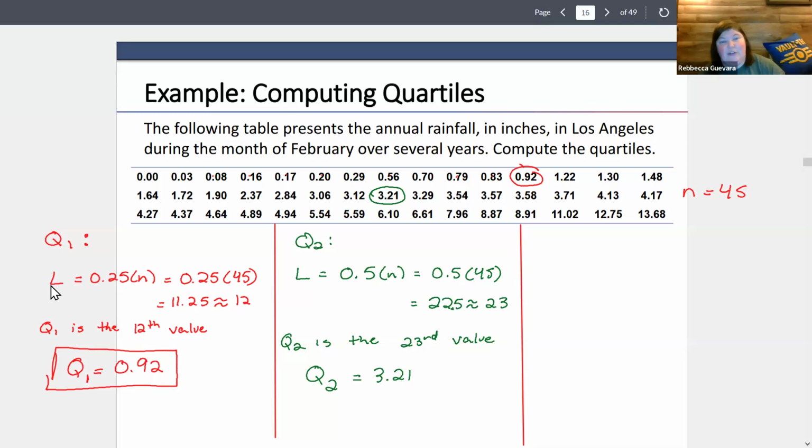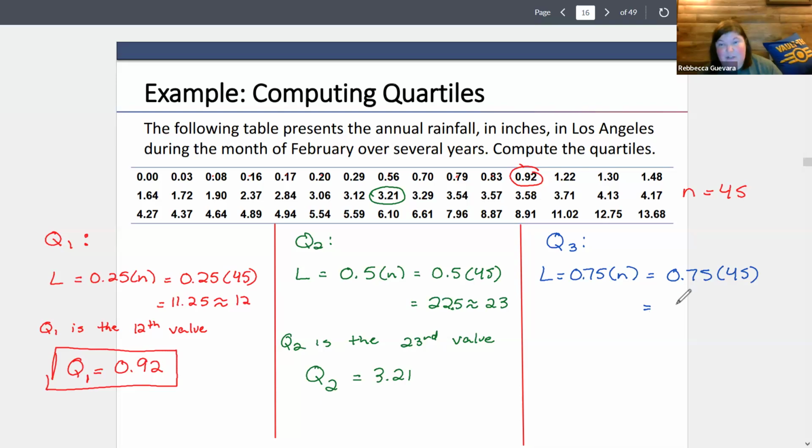Okay, so my very last one is my Q3. That is going to be the data point that splits my data between the 75% that's lower and the 25% that's upper. So it's going to be 0.75 times n, which is 0.75 times 45, because we still have the same data.